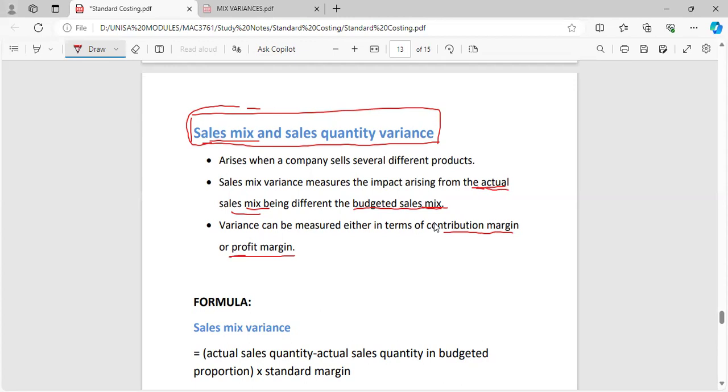I think you guys, from our previous class, the difference between the margin contribution and the profit margin. Who can still remember the difference between the contribution margin and the profit margin?